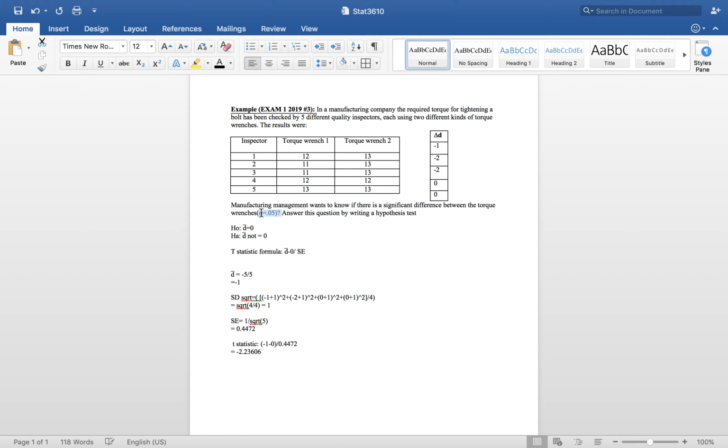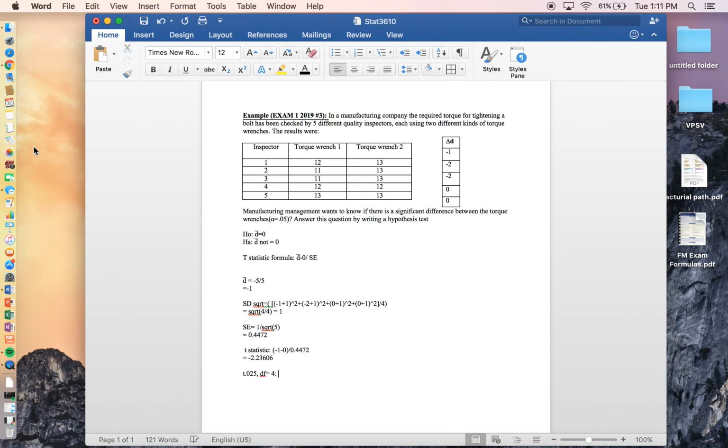Now, when we determine whether to reject or fail to reject our hypothesis, we need to find our t-value according to the significance level that we are given. Since this is two-sided, this 0.05 will be 0.025, and our degrees of freedom will equal 4, because our degrees of freedom is n minus 1, and 5 minus 1 equals 4. So then we're going to look this up on our t score sheet. So let me pull that up.